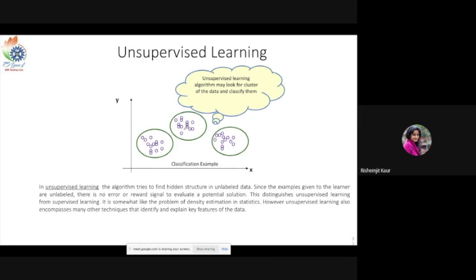They are all circles. We do not have anything marked with red here. So we just look mostly at distance based measures to look into the similarity between the data points, how similar they are to each other and how dissimilar they are from the other data points, and then we try to cluster them.